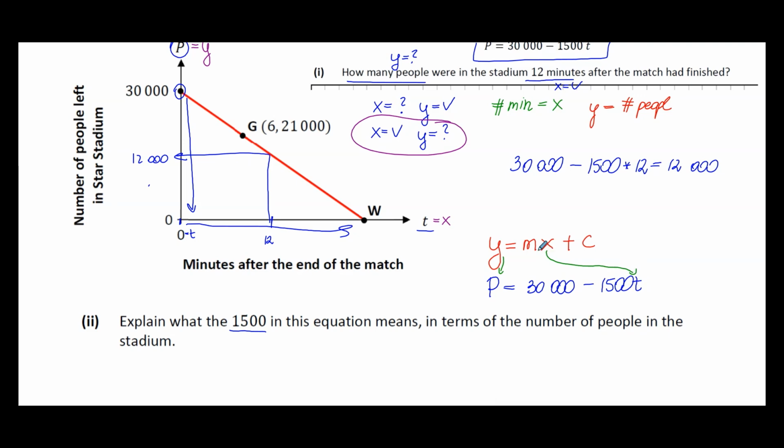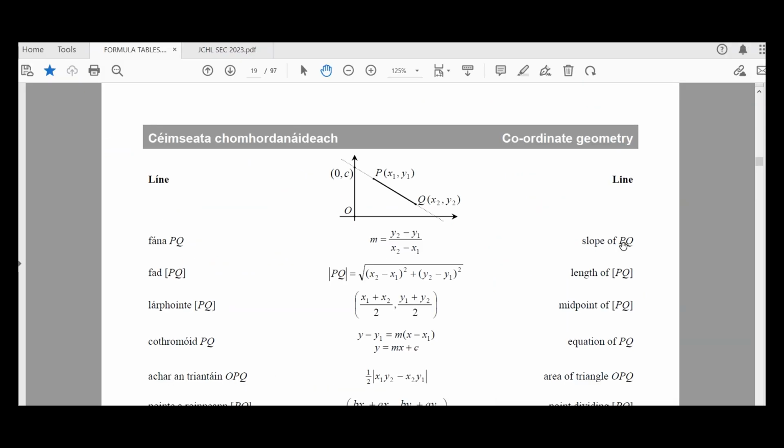Now, it doesn't matter the order here, okay? Whether we write c plus mx or mx plus c is the same thing. The point is that this number that stands beside x, so our 1,500, that is m, and m is the slope. As you can see here, m is the slope.